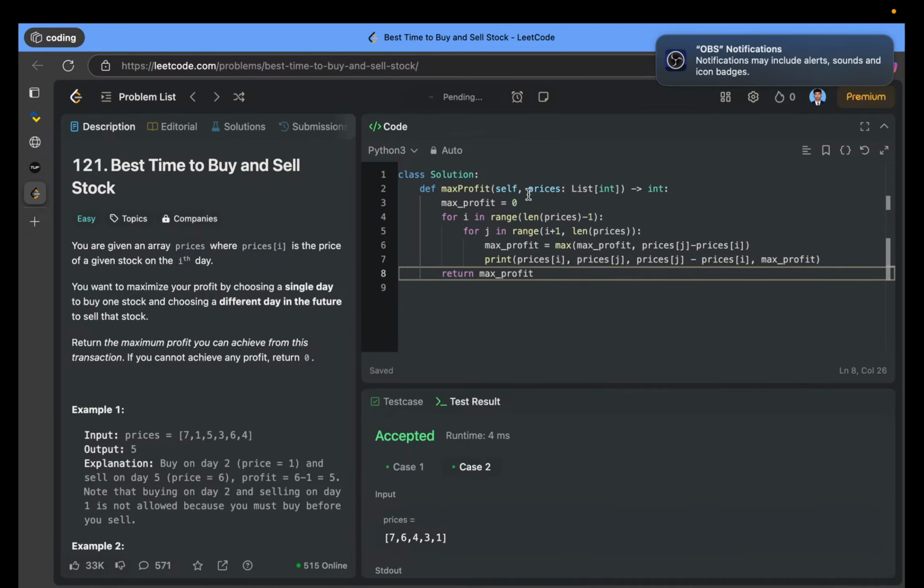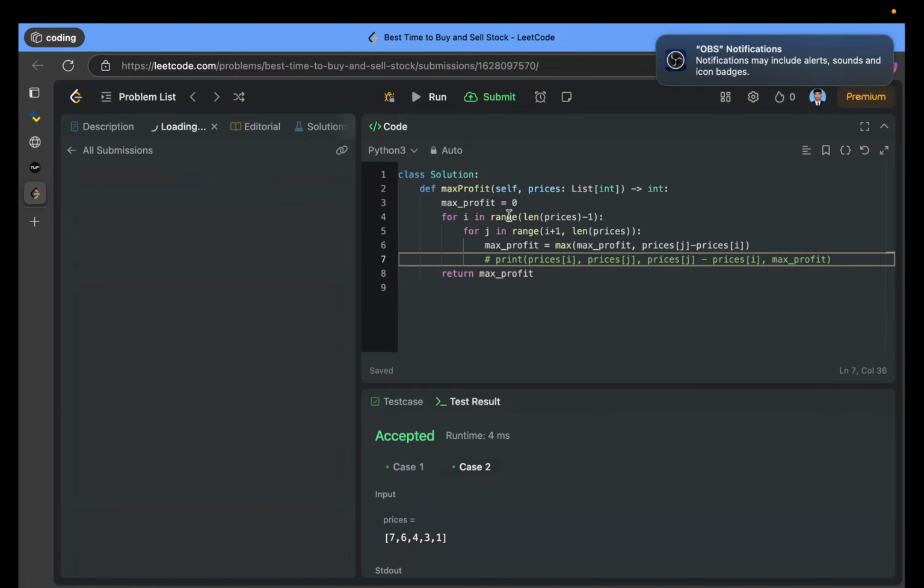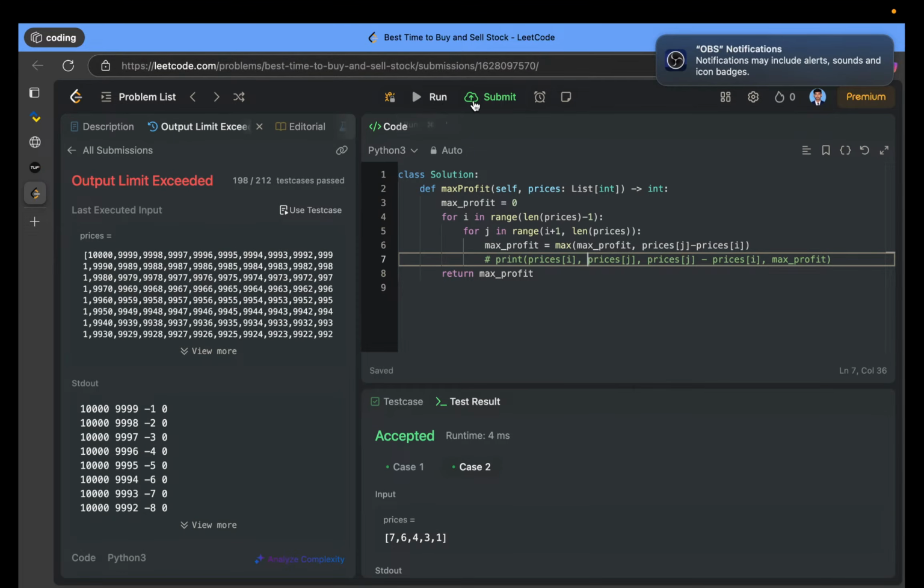Nice. Oh, why am I printing this? Let's try again.